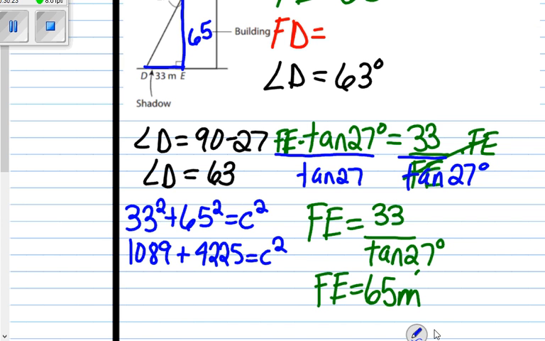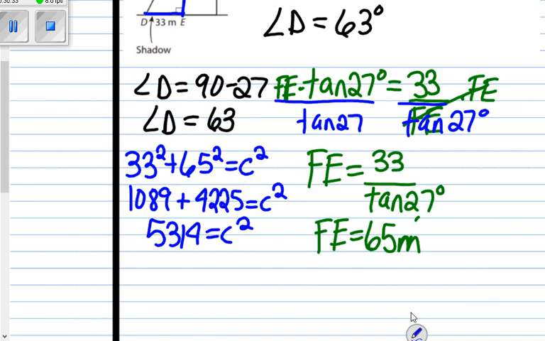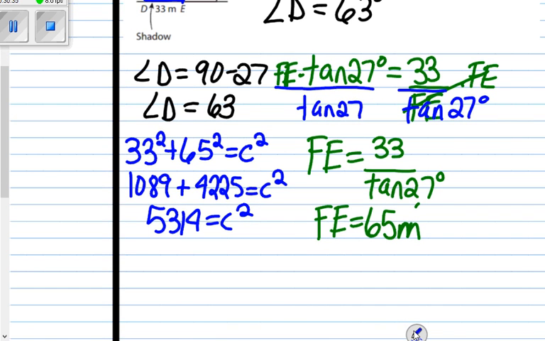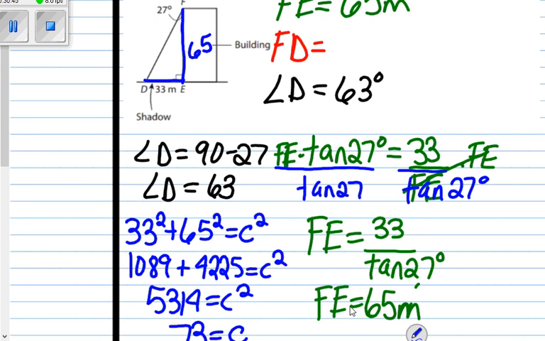Add the two numbers together. 5,314 equals c squared. What's my last step? Square root. What is the square root to the nearest meter? 73. So the nearest whole number. I know we had to find 3 things here. So we just found FD was 73 meters.